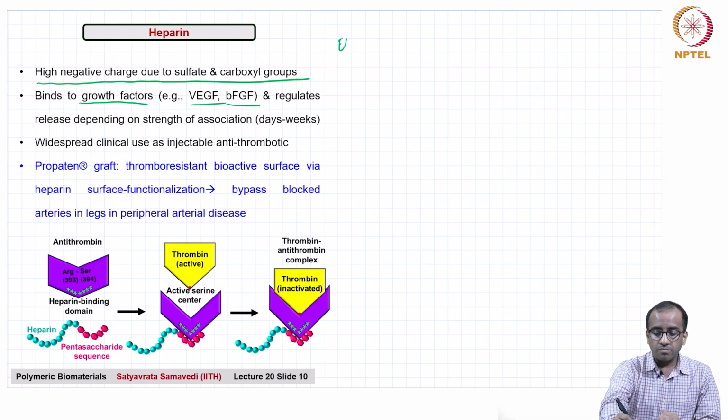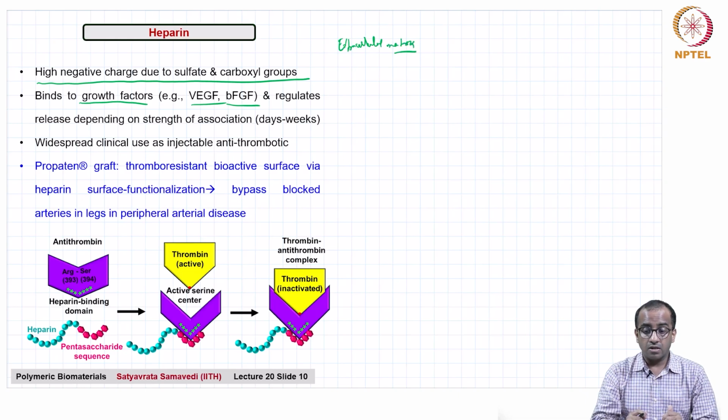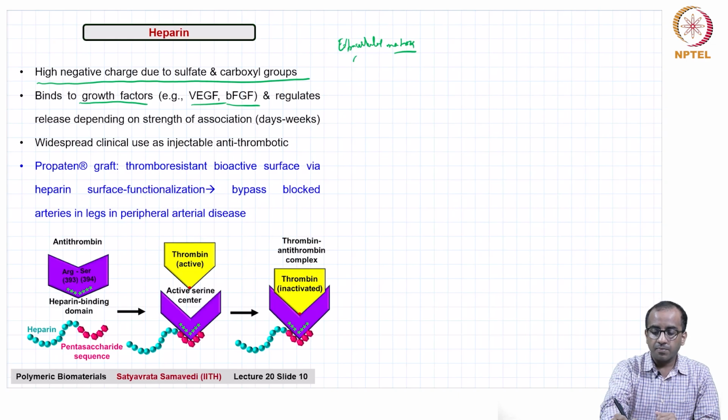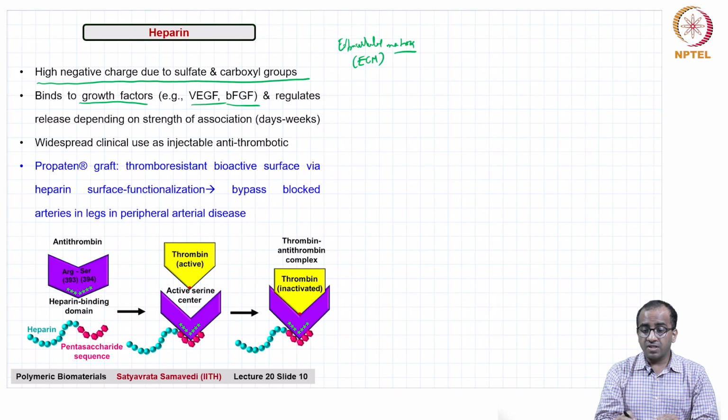The extracellular matrix is the matrix surrounding mammalian cells onto which they deposit proteins, and they are held together in the form of tissues because of the ECM. One of the major components of the ECM is collagen, a structural protein. Another very important component are these proteoglycans, which can help sequester things like growth factors based on charge and help release them depending on the need.